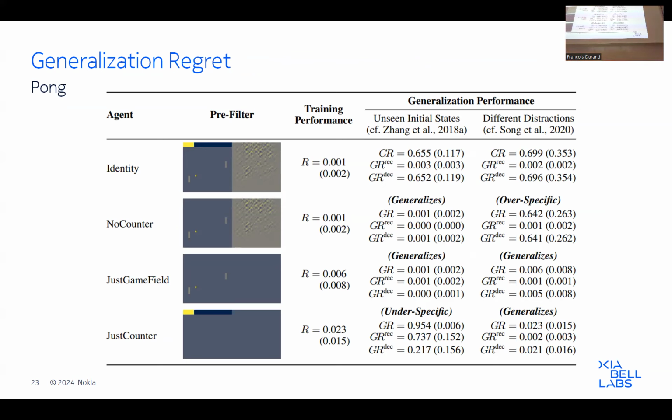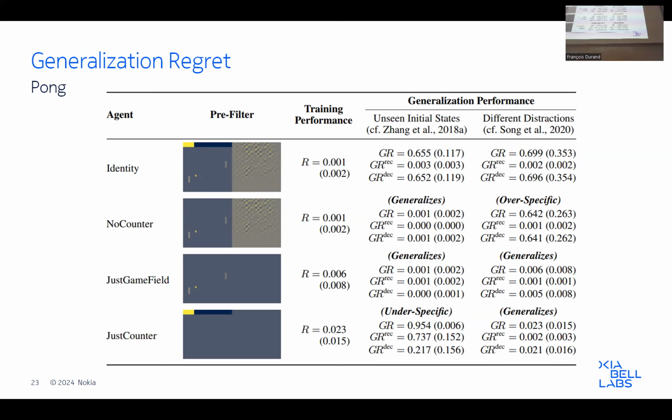And so now we get two columns of results, one affected by whether we change the initial state, and the second dependent on whether we add different distractions on the right-hand side. In each case, we get reasonable training performance.